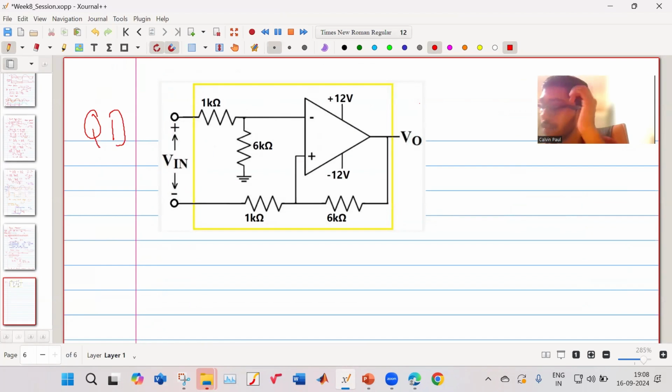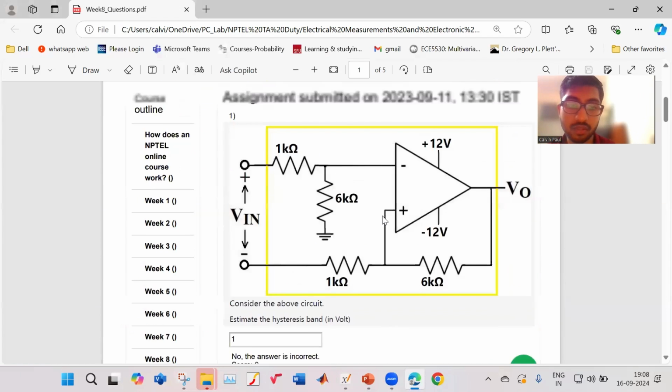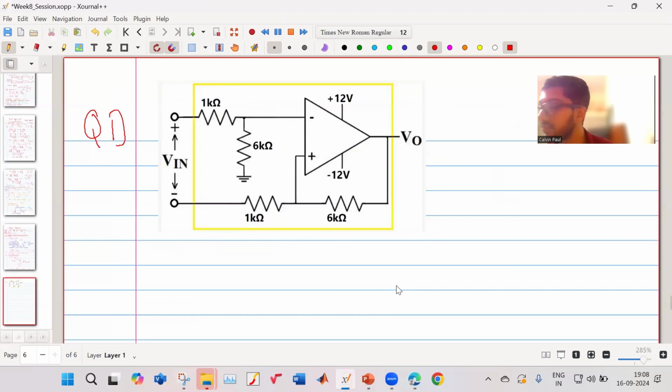So we have to find the hysteresis band. Okay, we have to just find the hysteresis band.